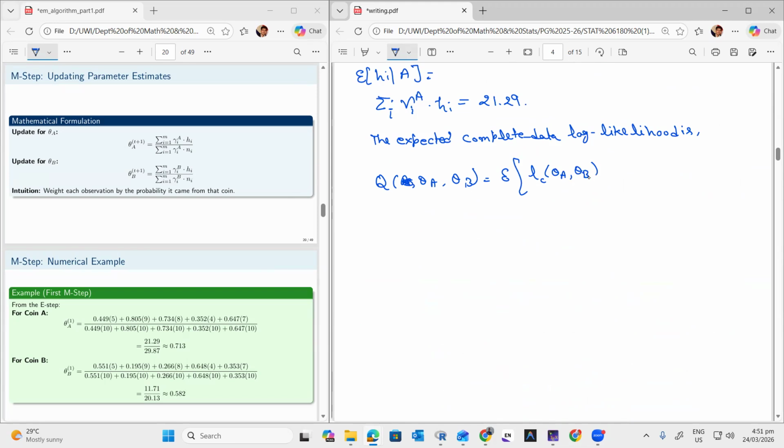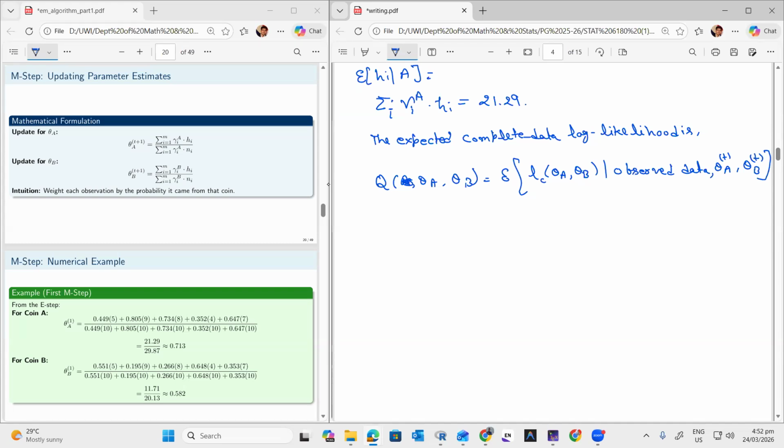given the observed data that we have and the values of theta A^t and theta B^t from the initial guess.